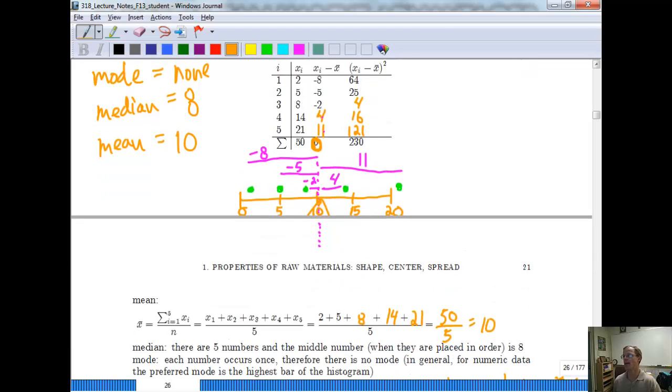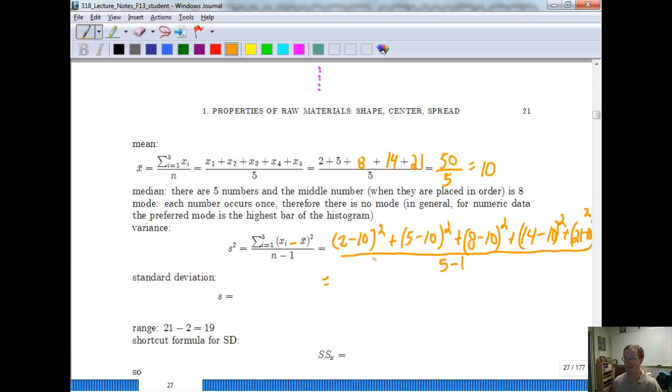Okay, now that's squared deviations, or squared distances from the mean. 230 over 4, okay, so that 230 divided by 4 is going to turn out to be 57.5. That's my variance. It's in squared units, which is not really all that helpful. So the standard deviation is the square root of 57.5, which is 7.58.